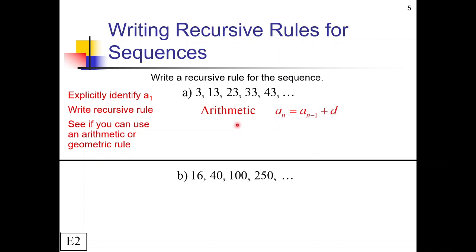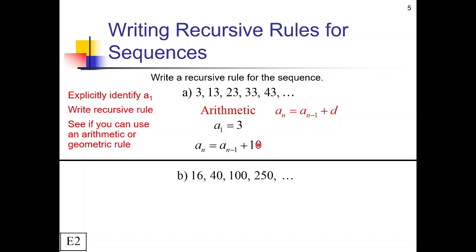So remember also we have to write out our a sub 1. For this sequence, our first term is 3. That's where we get started. And then all we have to do is keep adding the common difference. So just subtract any pair of terms to find that. 13 minus 3 is 10. So we can write that a sub n equals a sub n minus 1 plus 10.